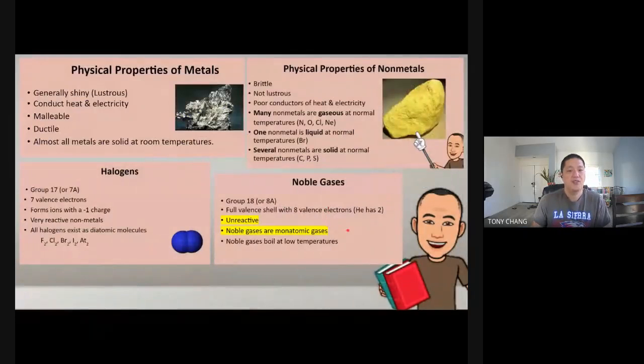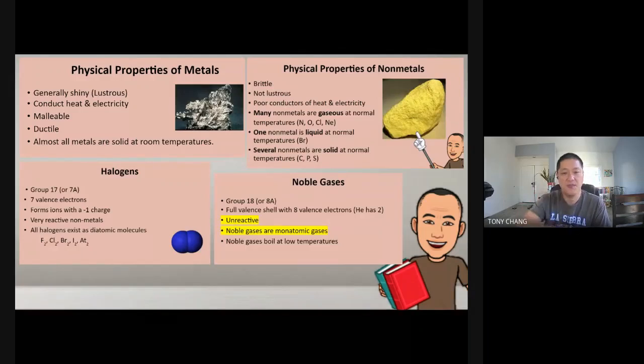All right. So here are 4 slides that I showed you on Monday or Tuesday. I just took it straight from there. Okay. Again, you're going to need these to answer your questions on your homework assignment. So we have physical properties of metals: shiny, conducts heat and electricity, malleable, ductile, and almost always solid. The only one that's not solid, mercury. And mercury is, the chemical symbol is Hg.